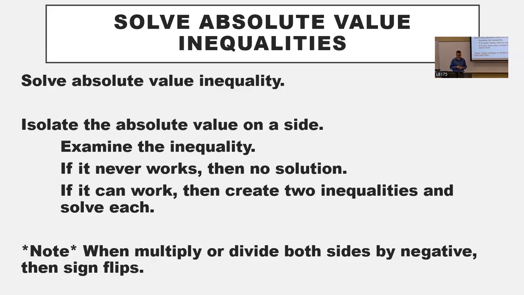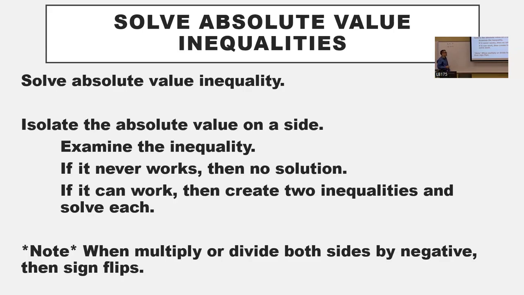Okay. Now, the thing you have to remember about inequalities is if you have an inequality like 5 is less than 7, whenever you multiply both sides by a negative, it flips the sign. Negative 5 is bigger than negative 7.